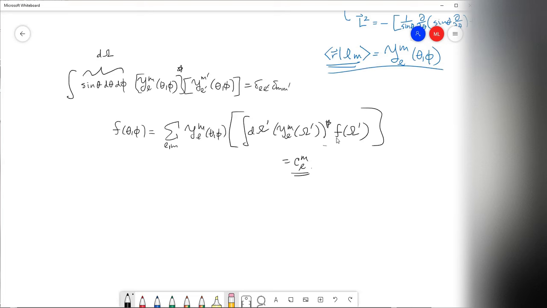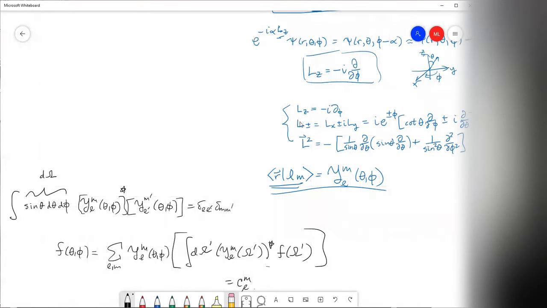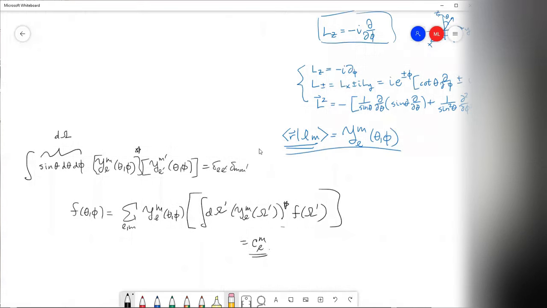And you can do the same thing here using these raising and lowering operators. We can act with them on the angular momentum states to construct the spherical harmonics for any L and M.